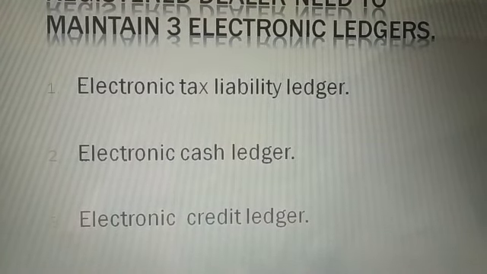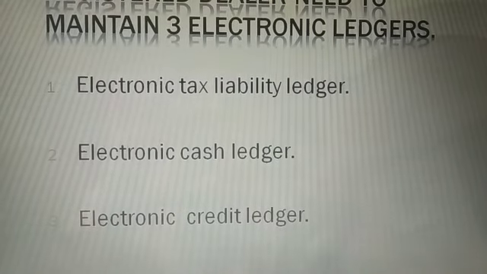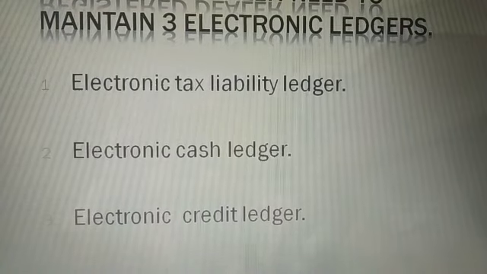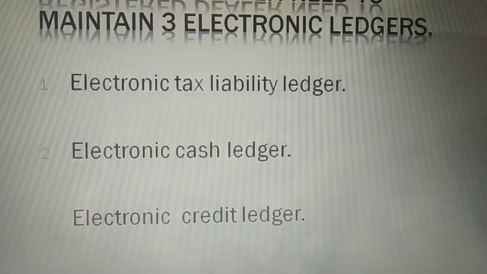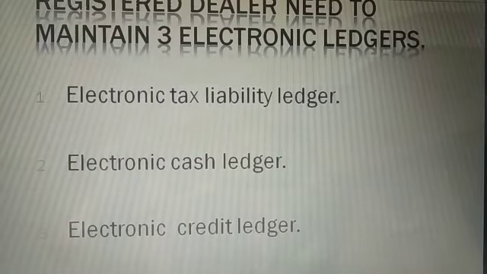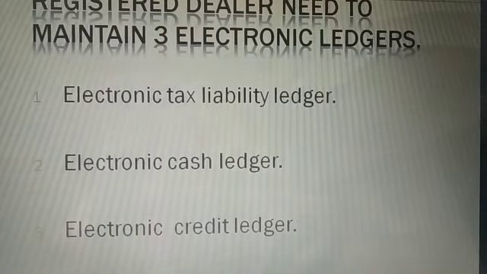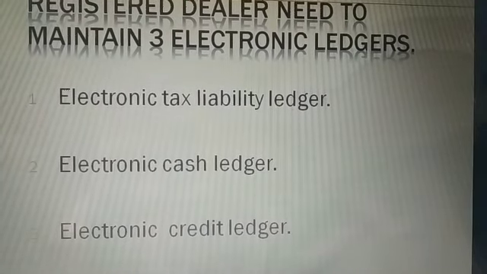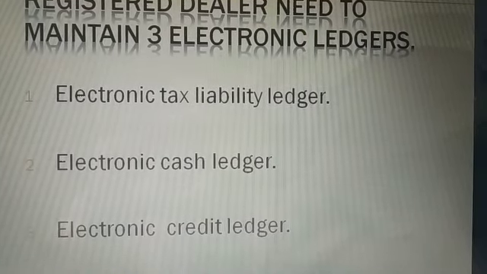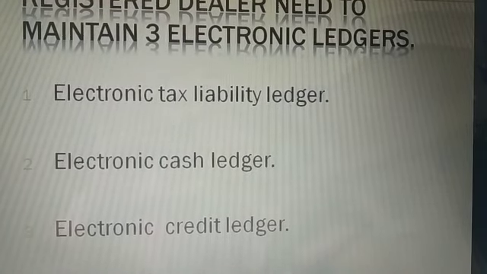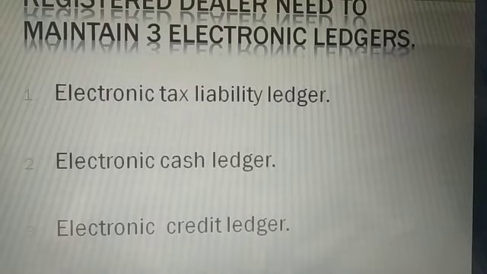In simple terms I will explain to you. The electronic tax liability ledger, the word itself tells what it is. Liability ledger means it shows the registered dealer's liability. So the electronic tax liability ledger simply shows the liability of tax. Then the electronic cash ledger tells about the deposits available in the registered dealer's ledger.